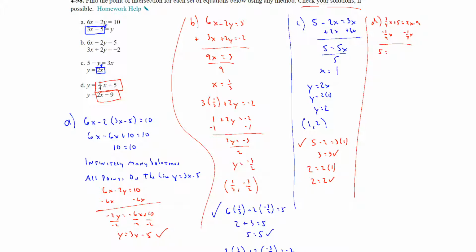That'll be 5 is equal to 2 minus 1/4 would be 1 3/4. Or I'll write it as an improper 7/4 x minus 9. Add 9 to the other side. 14 is equal to 7/4 x. Multiply by the reciprocal 4/7.